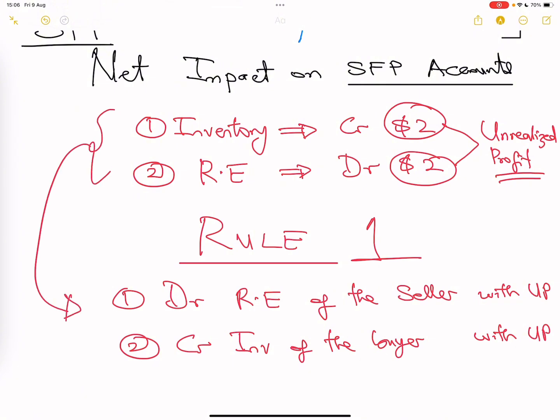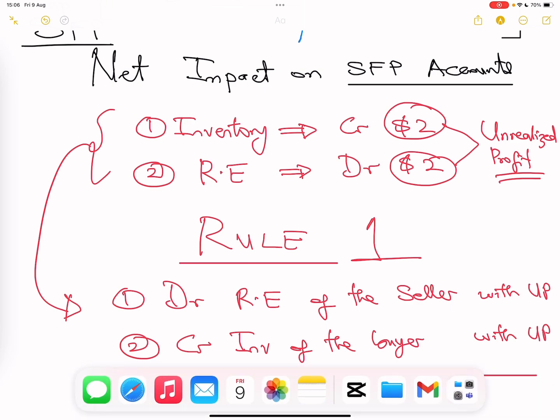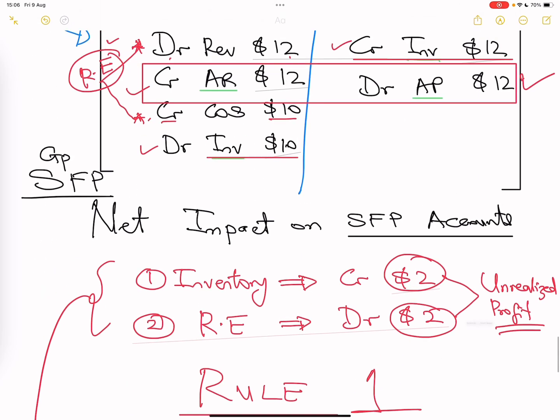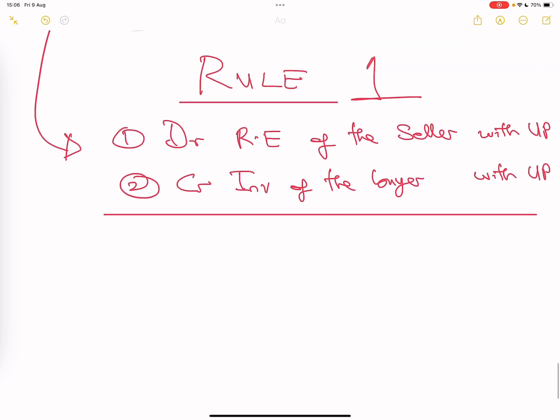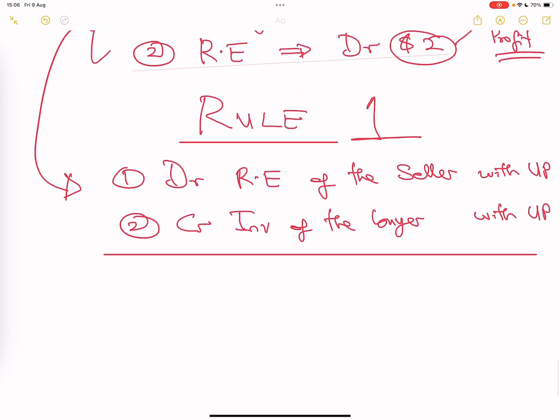And that is what we have shown here. And that's what we have translated to that rule. So in your textbooks, you probably just see the rule. But I just needed to show you how they came about the rule. So you start following through with your knowledge of debit and credit, right? So remember I said it's either inventory or non-current asset. Now, if it's non-current asset, is it going to be different? It's not different.